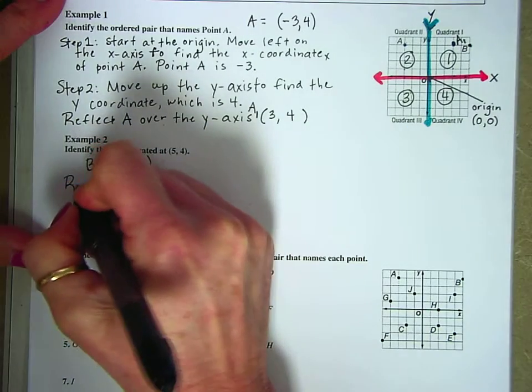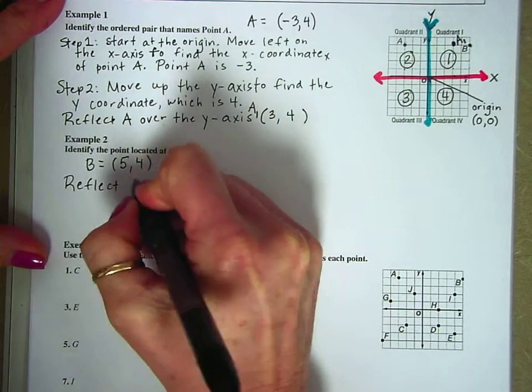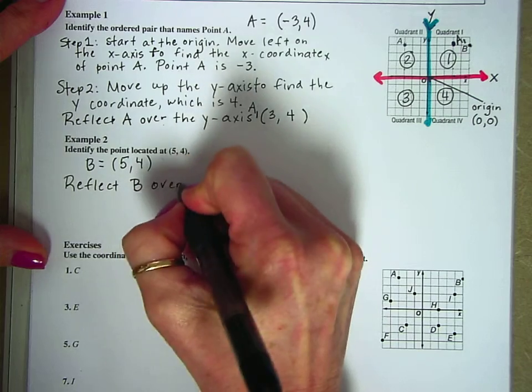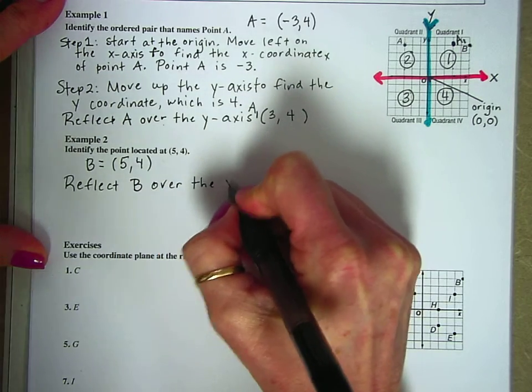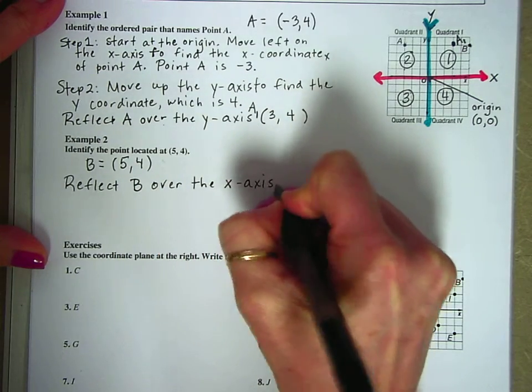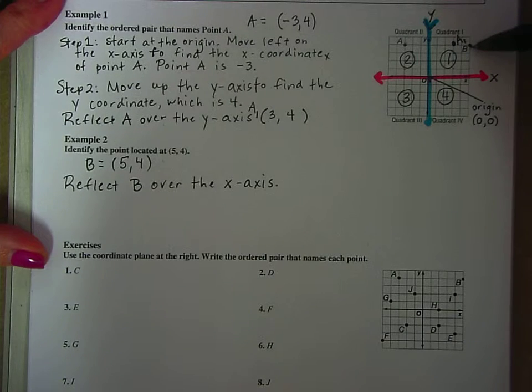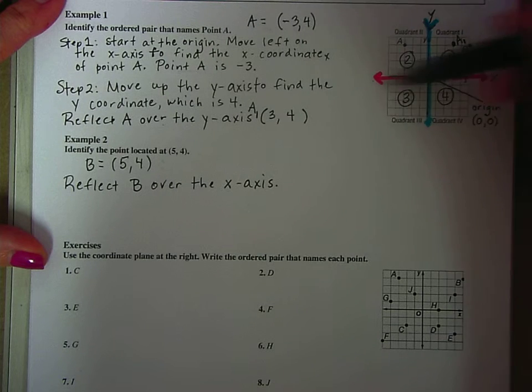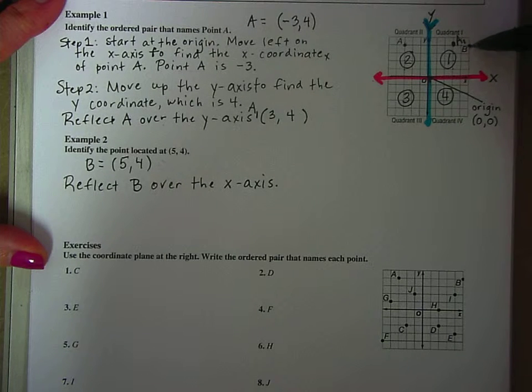Now, if I asked you to reflect B over the x-axis, we need to reflect it over this axis right here because this is x. Notice that it's up here at 4, so it's going to be down here at negative 4.